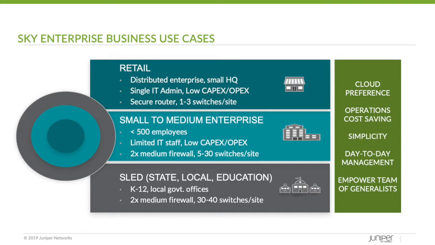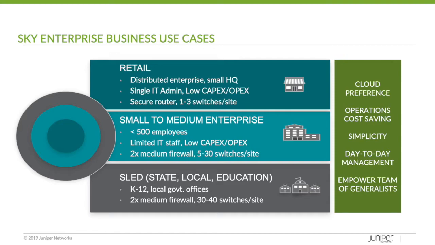Also can support secure router. A site like this would be 1 to 3 switches or devices per site. A lot of these customers have a cloud preference. They are sensitive to cost savings measures, and from an IT perspective, the ability to do things across multiple devices, the simpler we can make that.